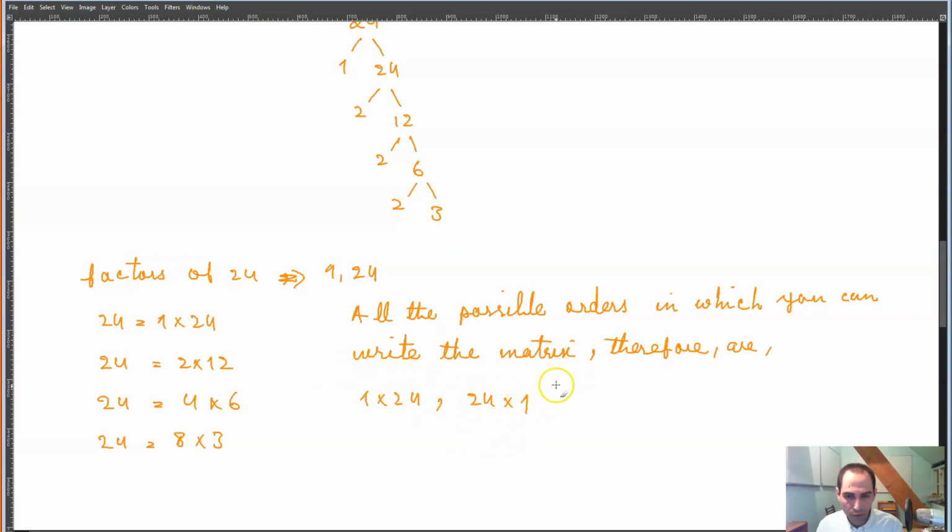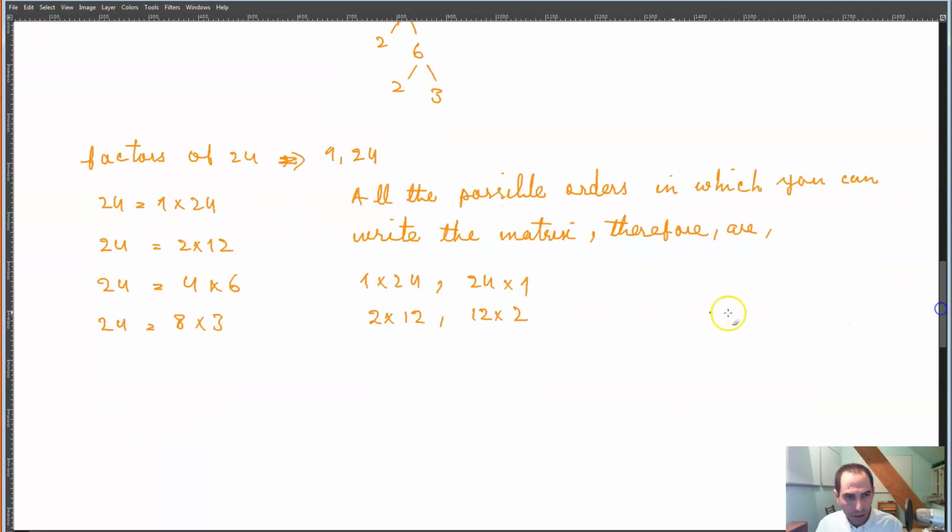You could write it as 2 by 12, or 12 by 2. You could write it as 4 by 6, or 6 by 4. Or you could write it as 8 by 3, or 3 by 8. I think that's all the possible ways.